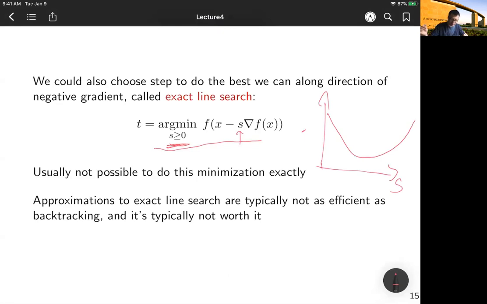So this is the one direction towards the gradient direction. The exact line search tries to find this point, it tries to minimize f of x minus s gradient of f of x. So this is convex, first of all.